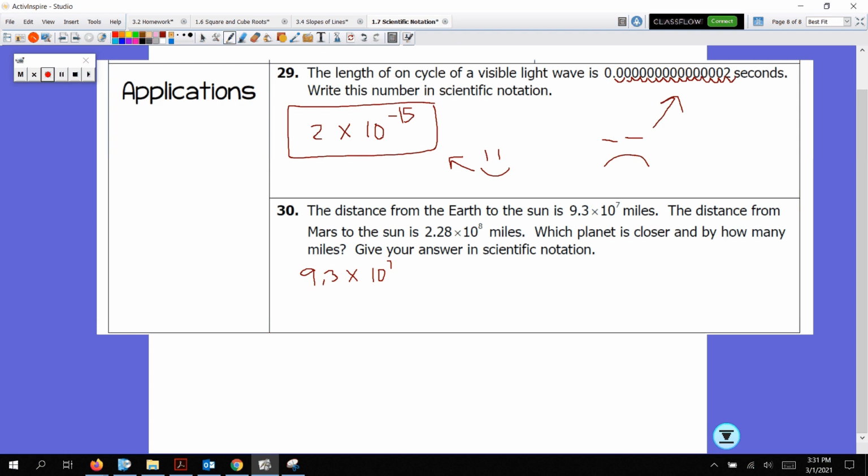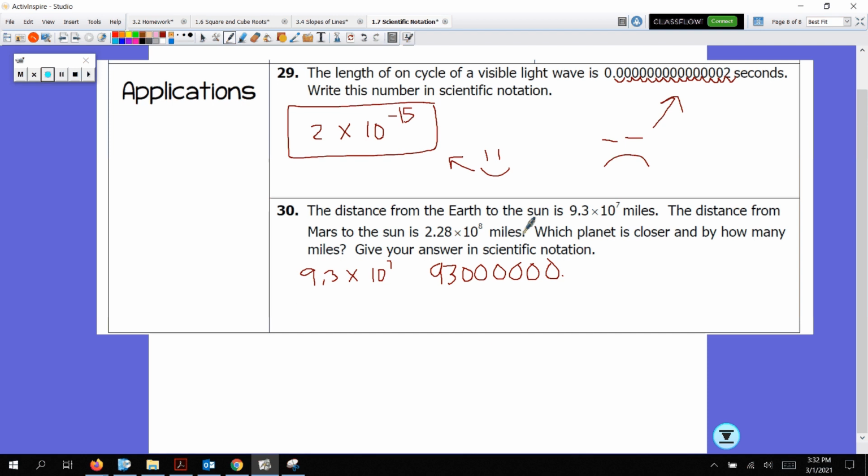So that means this number is really big, and I need to go 7 decimal places to the right. So 9, this is 1, 2, 3, 4, 5, 6, 7. That's 7 total, right? Because we started between the 9 and 3. 1, 2, 3, 4, 5, 6, 7. I'll just put the decimal there because we know it's there.